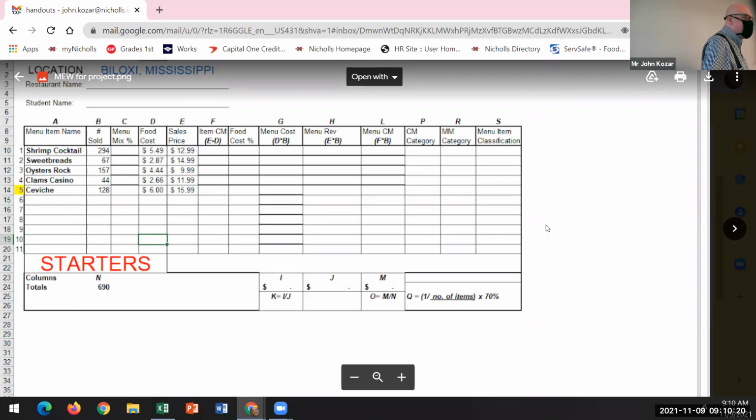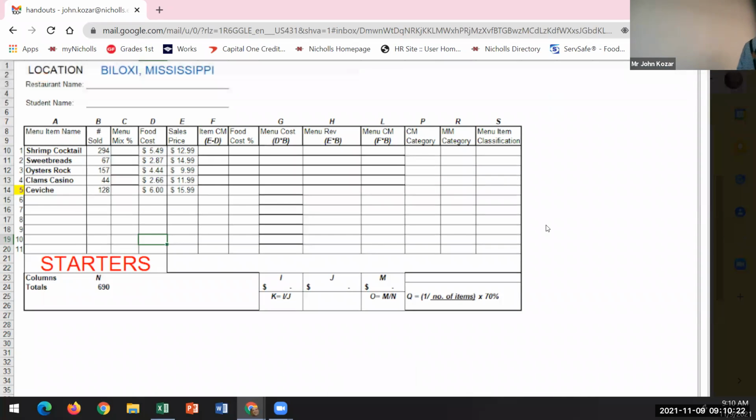Moodle is working really slow. But I'll get another Excel file on Moodle if you have access to it, and you're going to have time to get this done.